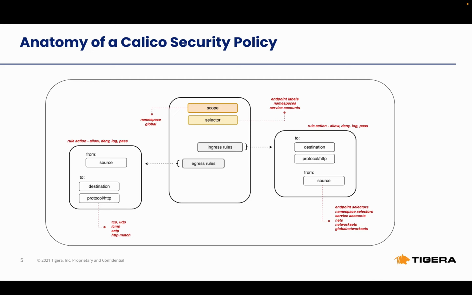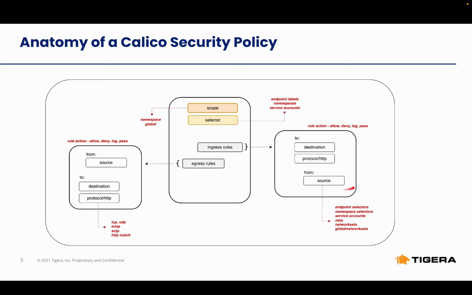Okay. So once you've identified the workloads for which you want to apply a policy, we then have a set of ingress and egress rules. Within an ingress rule, you could further define a subset of those workloads using the destination field. And you could then define the source from which you intend to permit or deny traffic.